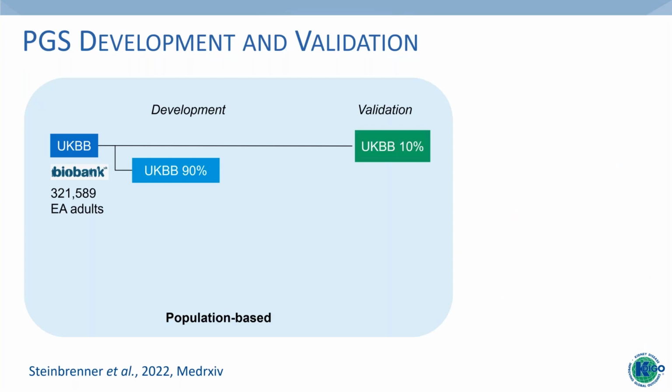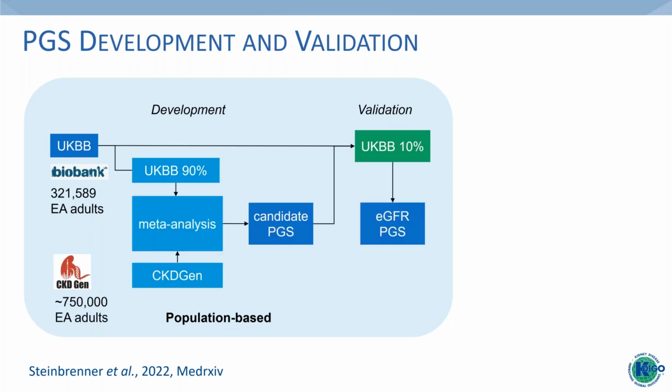In brief, we used the following procedure to develop and validate the PGS. We used publicly available data from 321,000 UK Biobank participants of European ancestry and randomly split them into 90% and 10%. Together with the results from the CKDGen Consortium, an international collaborative effort to investigate kidney function, genetics, and health and disease, multiple candidate PGS were built.